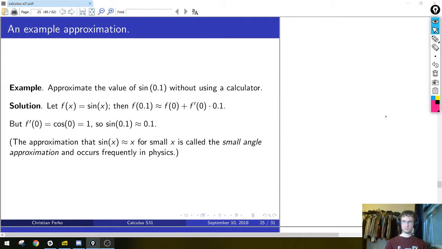What is small? Quantitatively? You mean how small is good enough? Yes. You can write precisely how big the error is going to be as a function of theta if you want. The answer to how small is good enough depends on the problem in question. If you're trying to model something or build something, you have to know how much error you can tolerate, and then you can get a bound and say theta must be this small or else my approximation breaks down.